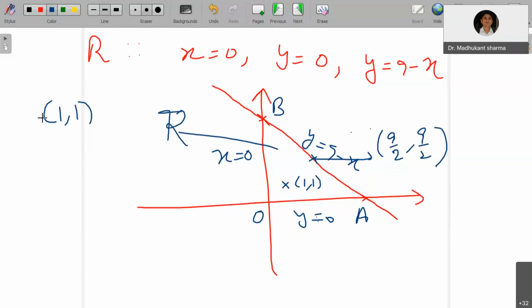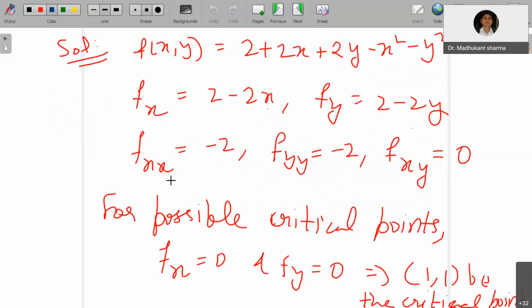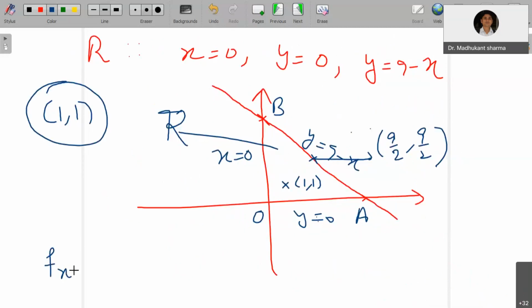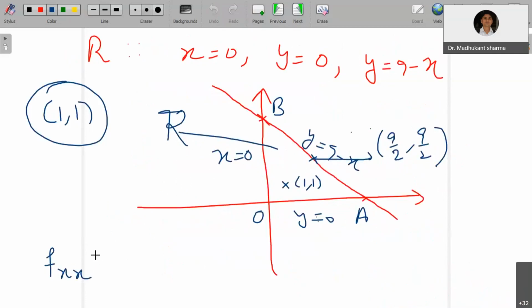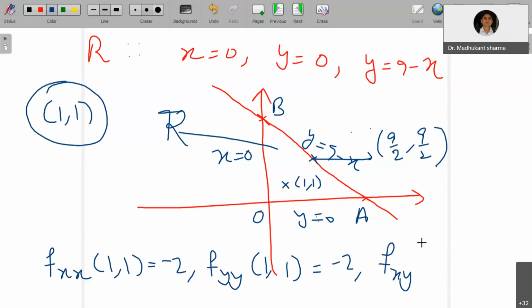Now, we have already listed one point, (1, 1), which is going to be the critical point, and moreover, it is an interior point. So now you can check that fxx at (1, 1), these are constant values: -2, -2, and 0. So I'm again mentioning, fxx at (1, 1) is -2, fyy at (1, 1) is -2, and fxy at (1, 1) is 0.